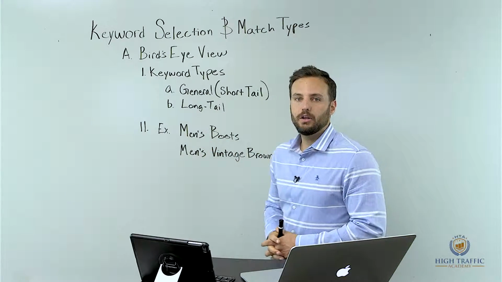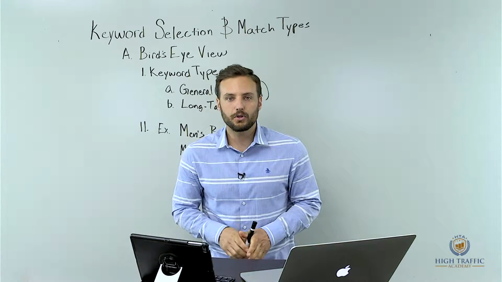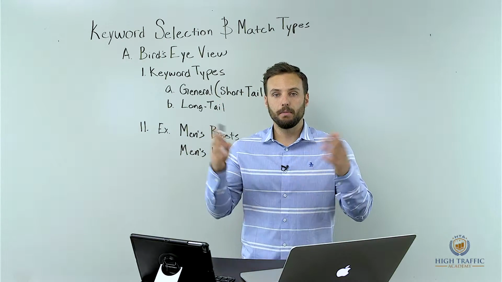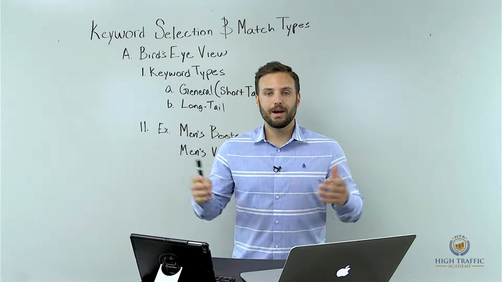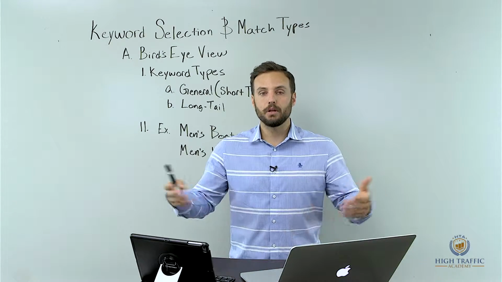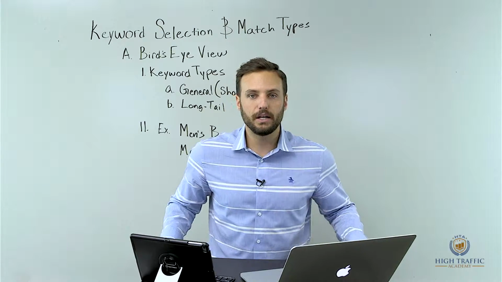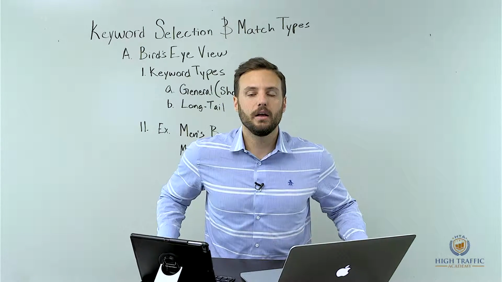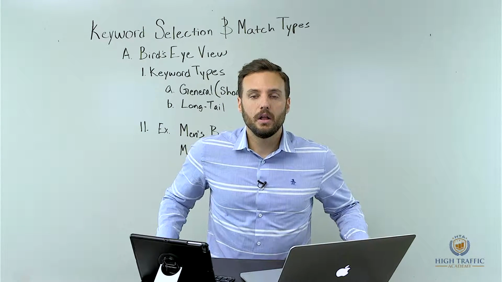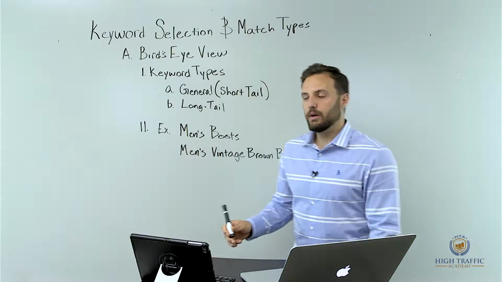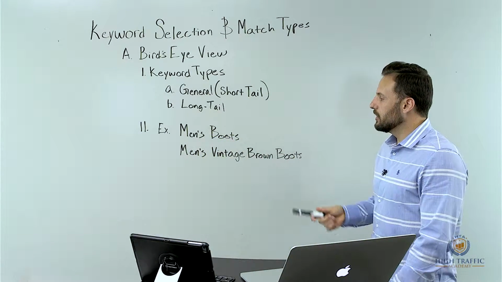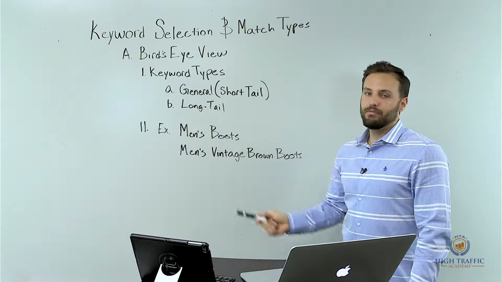You're attracting users who are searching for very general keywords like men's boots, and you're driving a lot of traffic to your site. Generally, if you're in a competitive niche, you would drive a lot of traffic to your site from short tail keywords.